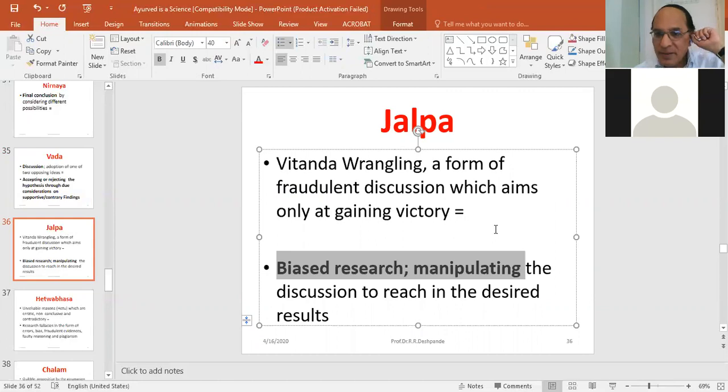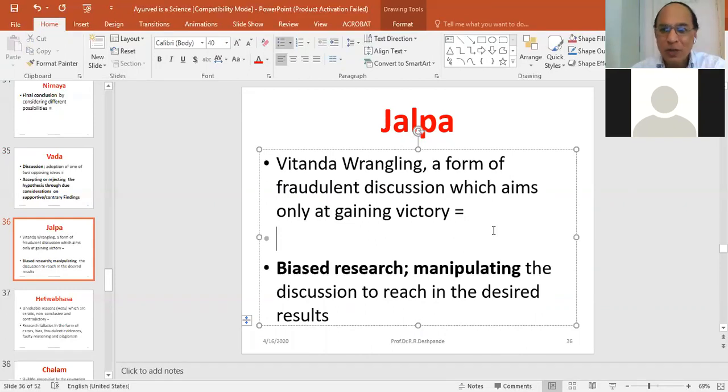That means if I do research on Amrutadi Gugul in rheumatoid arthritis, and I don't take the control group, this is not proper research. In ideal clinical research, there should be some control group. So if I don't take the control group, my research can be called biased research. Try to understand. That's why Jalpa is mentioned as biased research.